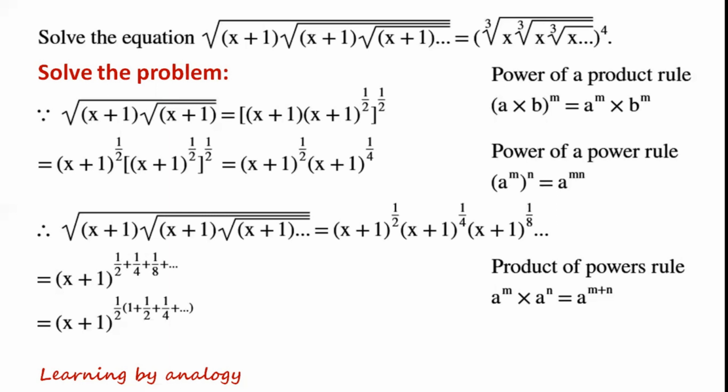which is equal to x plus 1 all to the power of a half times 1 plus a half plus a quarter plus so on, as we can see that there is a factor of a half.